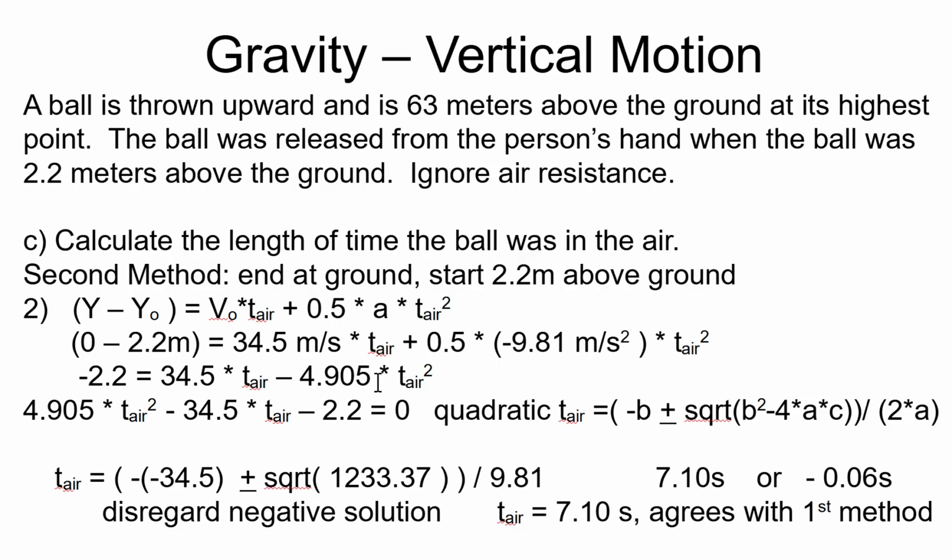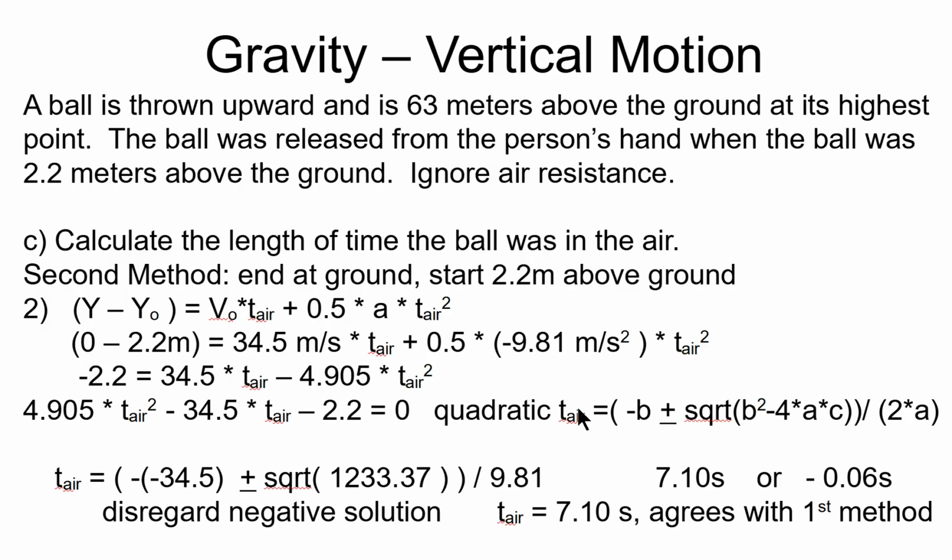Now, I prefer in quadratic equations to have the coefficient of the squared variable as a positive. So I'm going to add 4.905 times t squared to both sides. I'm going to subtract 34.5 times time from both sides, and I get this quadratic equation. How do you solve quadratic equations? Well, you could try to factor this if you want, but it's simpler here just to go to the quadratic formula.